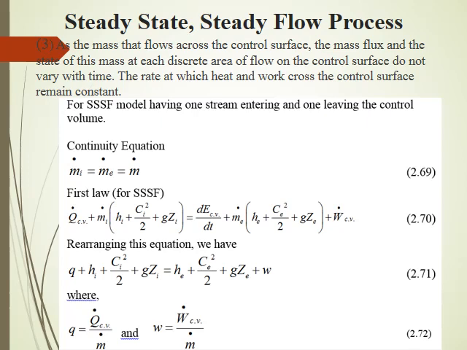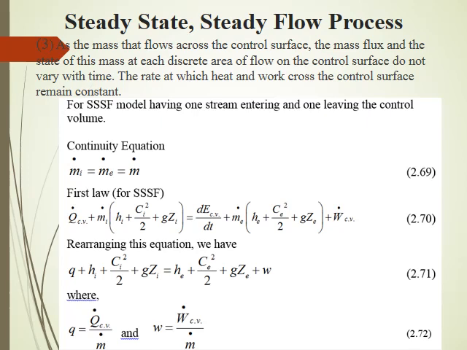Similarly, small w is the work transfer in kilojoule per kg, so W_cv dot, the rate of doing work or the work transfer rate, can be written as small w into m dot.